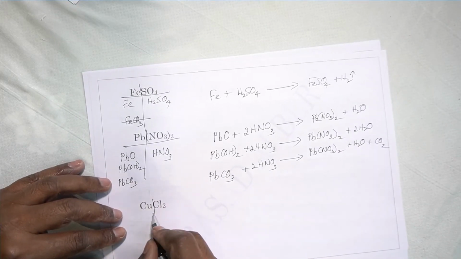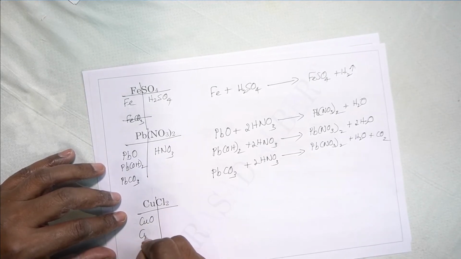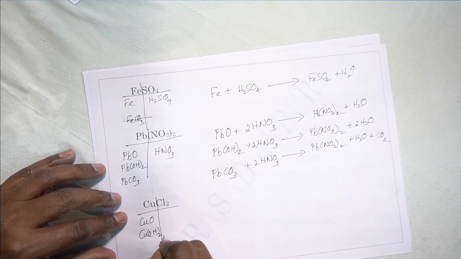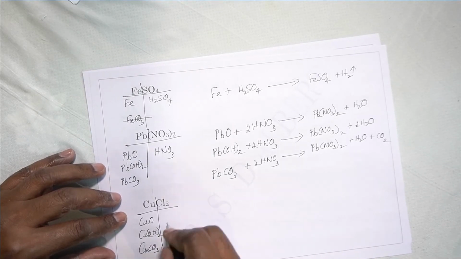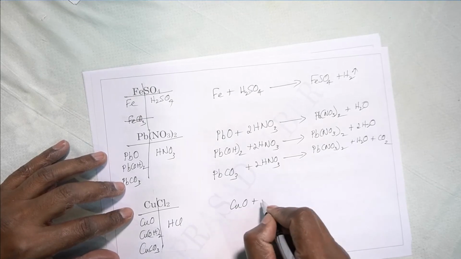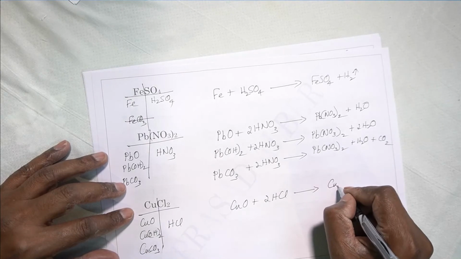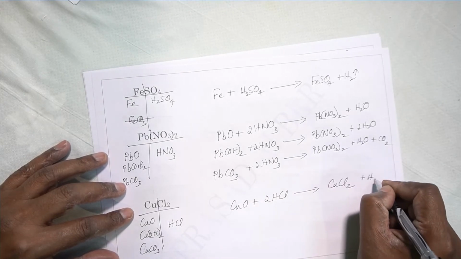Then copper chloride, CuCl2. Here metal plus acid is not there. Metal oxide is there. Metal hydroxide is there. And metal carbonate is there. Plus the acid is HCl. Okay. So 3 equations, CuO plus 2HCl. Copper is divalent. CuCl2 plus H2O.